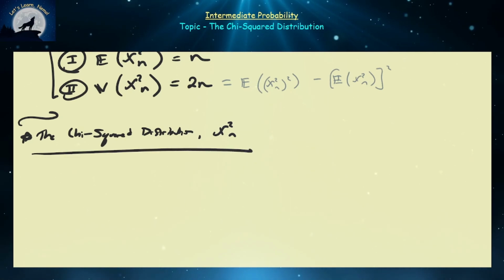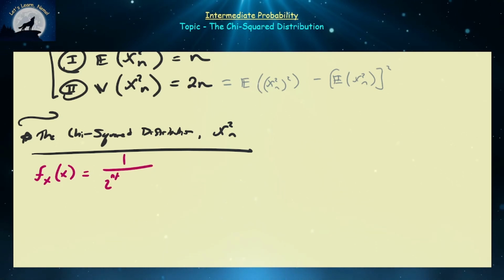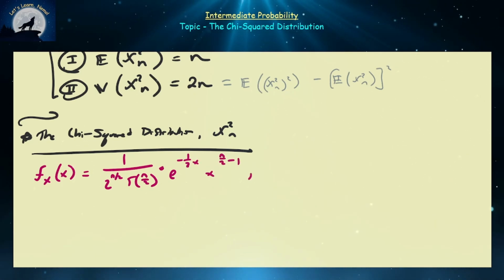So let's just quickly summarize what we've built so far. We have the probability density function, 1 over 2 to the n over 2 times gamma n over 2 times e to the minus 1/2 to the power of x, and then x to the n over 2 minus 1. And again, this is supported on x greater than or equal to 0.